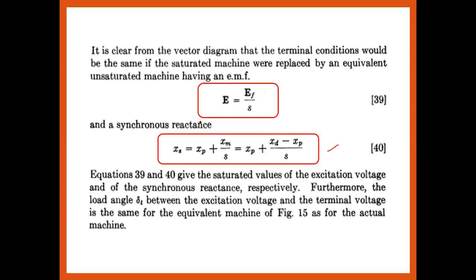The load angle delta between the excitation voltage and the terminal voltage is the same for the equivalent machine as for the actual machine. So this is all about finding the synchronous reactance and the excitation voltage for the saturated condition of the synchronous machine.